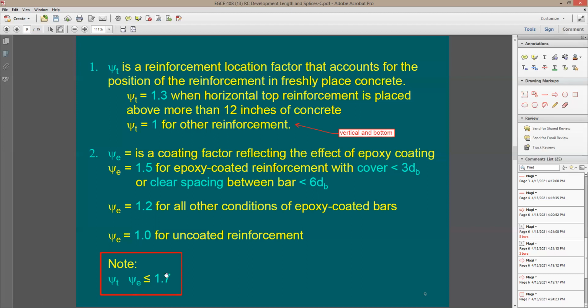This is going to be like a cap value. So for example, someone says, I'm going to have top rebars, at the same time, I also have epoxy coating of 1.5, right? I have this case. I said, okay, if psi sub t is going to be 1.3, if psi sub e is going to be 1.5, what value should I use for the product of these two values?